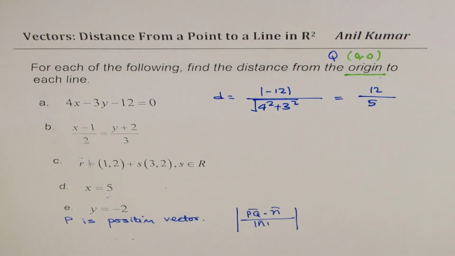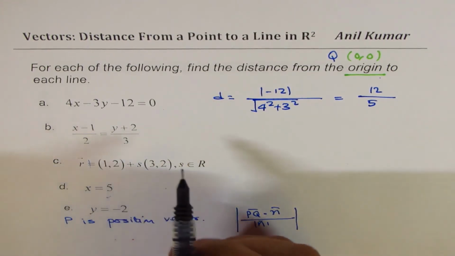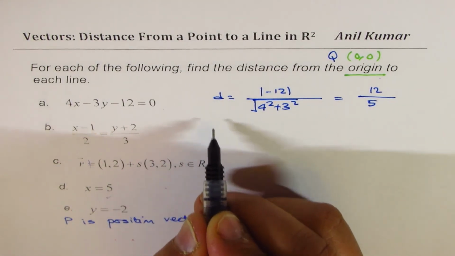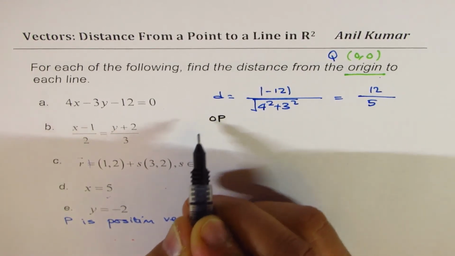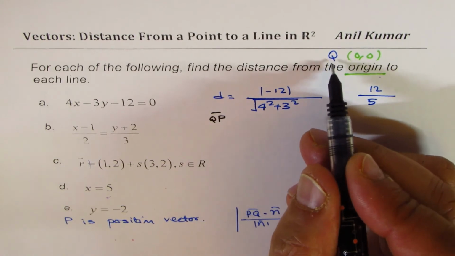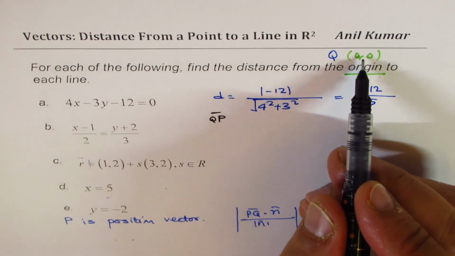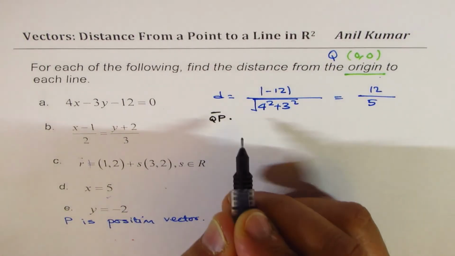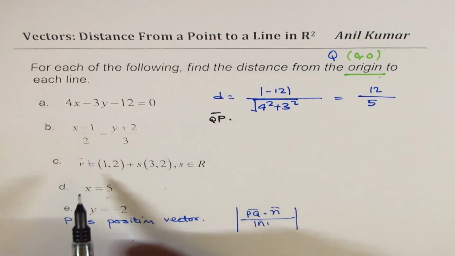So what we can do here is, in this particular equation, let me write down what the position vector OP is, right? Or you can say QP, right? OP and QP are the same because Q is the origin now, right? Dot N we need. So what is OP?